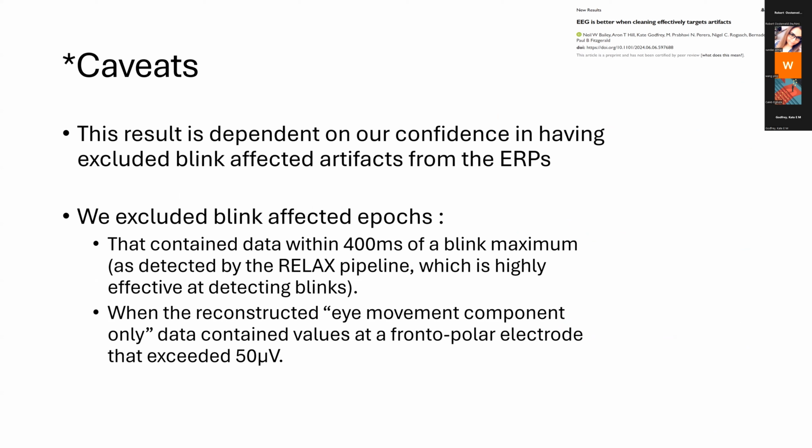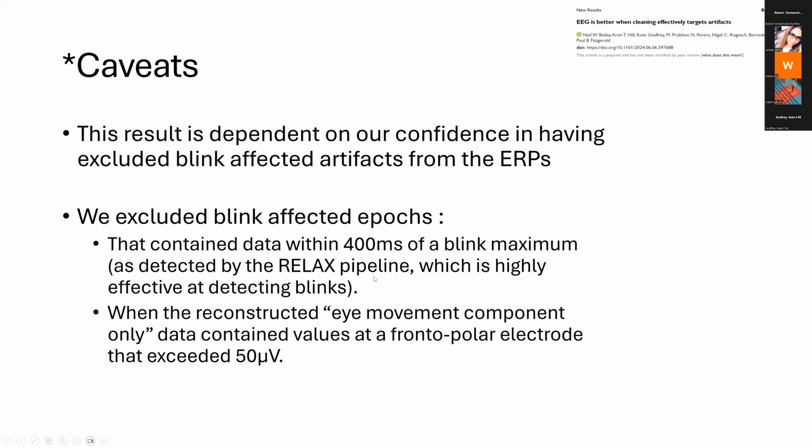So we excluded blink artifact affected epochs if they contained data within 400 milliseconds of a blink maximum, as detected by the Relax pipeline, which uses an interquartile threshold to detect blinks, which we've found to be highly effective at detecting blinks in the past.